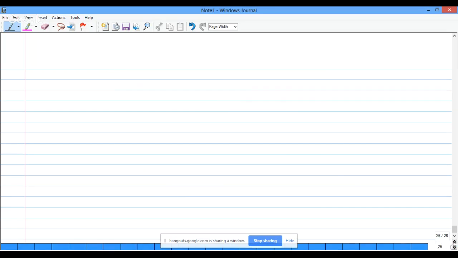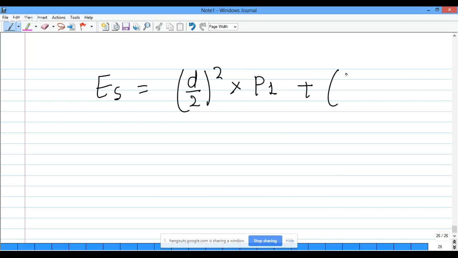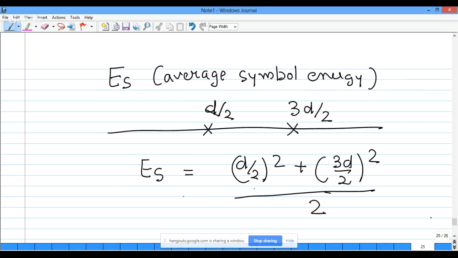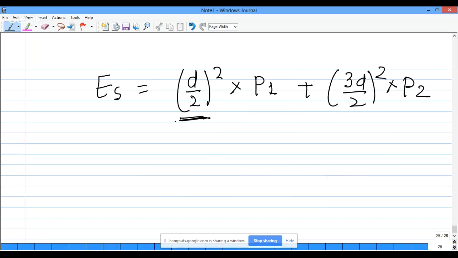In general, I can write the average signal or symbol energy by multiplying this, so I have to multiply the signal energy with the probability of this signal to happen plus signal energy multiplied by the probability of that signal to happen.